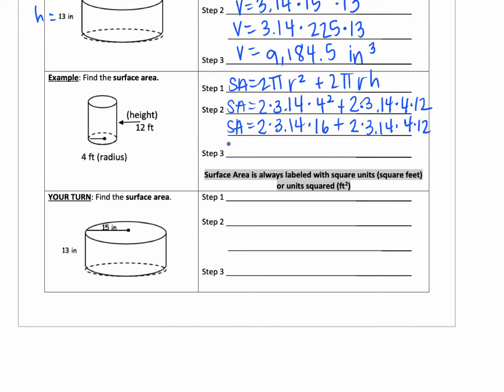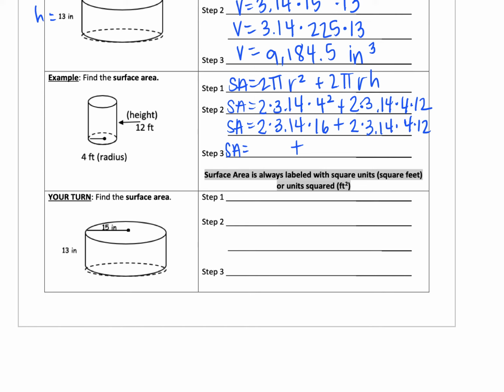So in my final step, I just have to complete my multiplication and then I can do my addition. So when I multiply this first chunk together, 2 times 3.14 times 16, sorry, I'm looking at the wrong example.